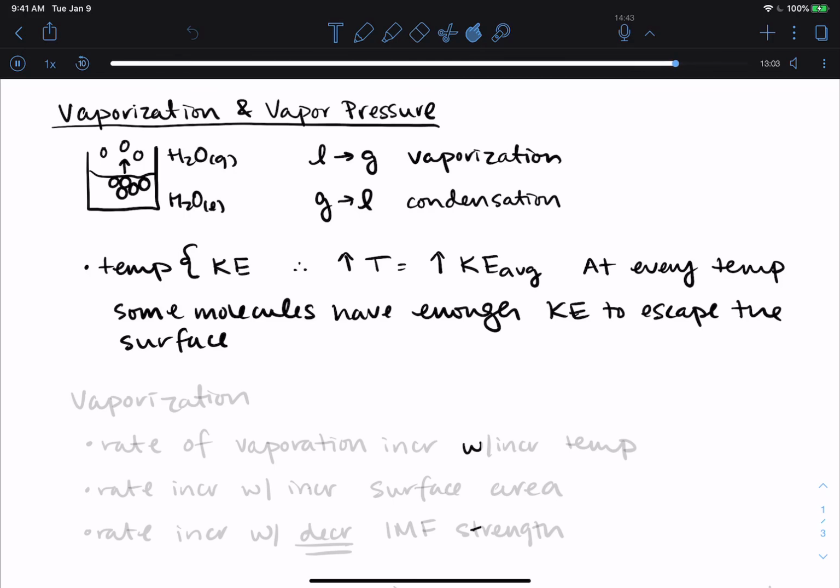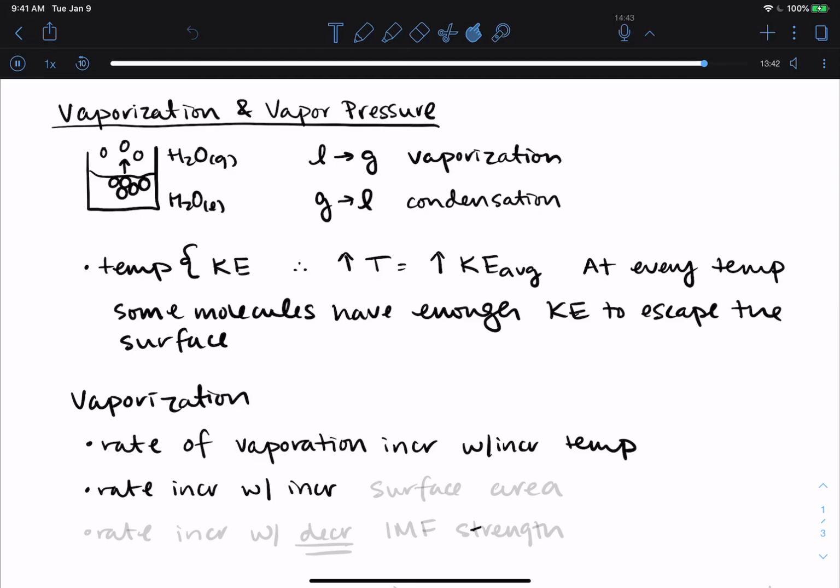The trends that you'll see with vaporization is that the rate of vaporization should increase with increasing temperature, right? So liquids evaporate faster if the temperature is higher because more molecules on average have enough kinetic energy to escape the surface. The rate will increase with increasing surface area.